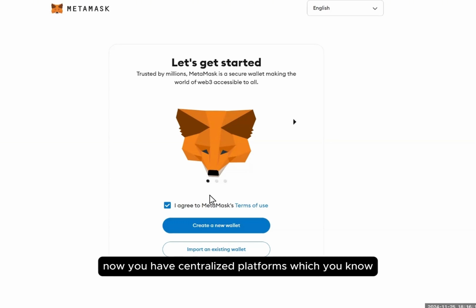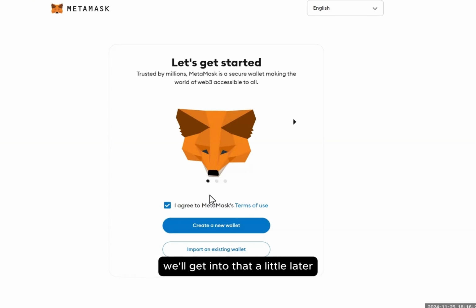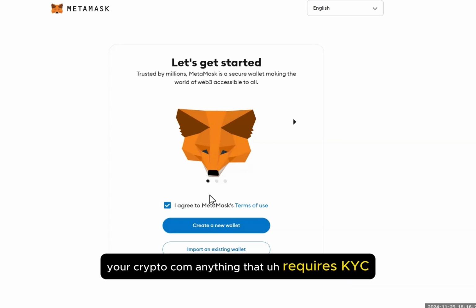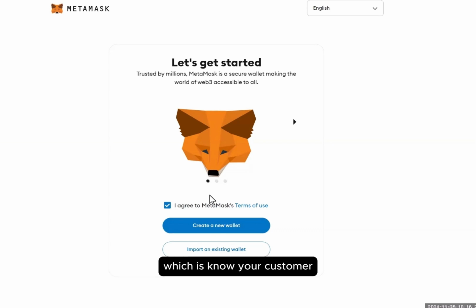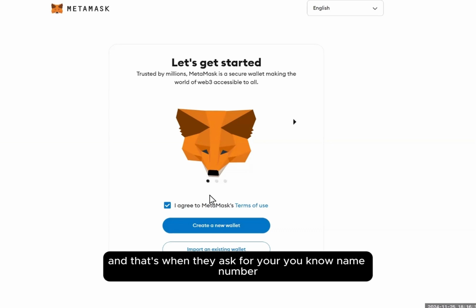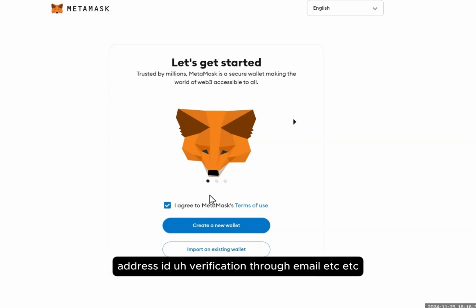Now you have centralized platforms, which we'll get into a little later, but that would be your Coinbase, your crypto.com, anything that requires KYC, which is know your customer. And that's when they ask for your name, number, address, ID, verification through email, etc., etc.